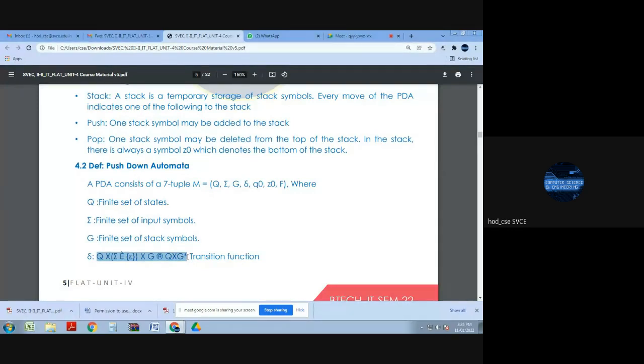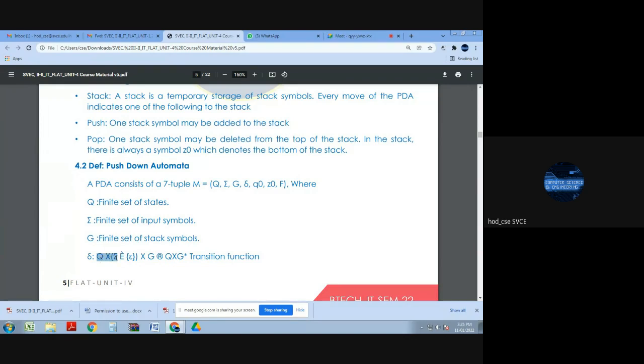But here in PDA we'll have 5. Because Q, what is the present state? Q represents present state. Sigma represents present input. Up to here it is common. Q into sigma, which means Q takes the present state.